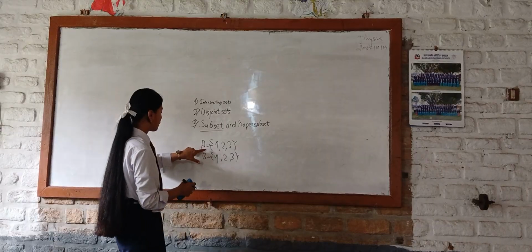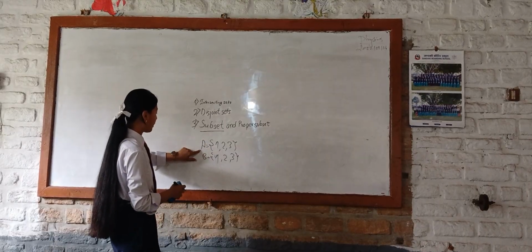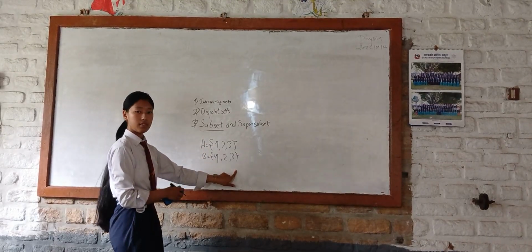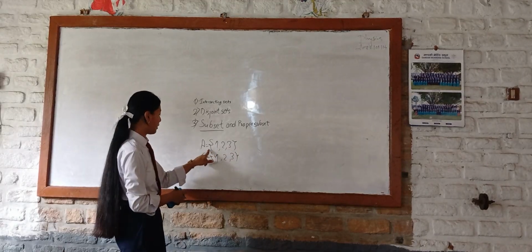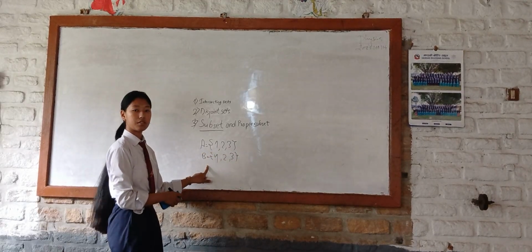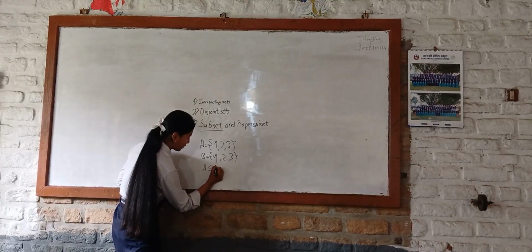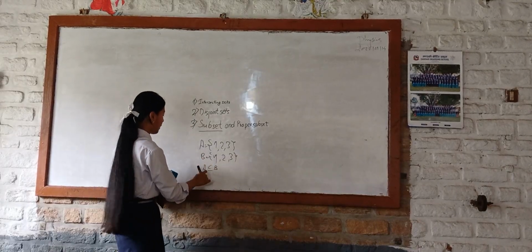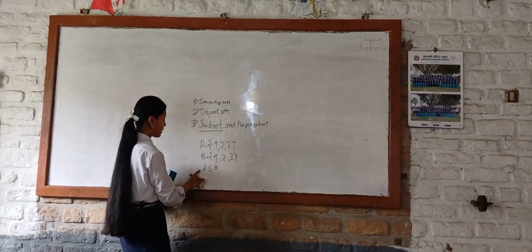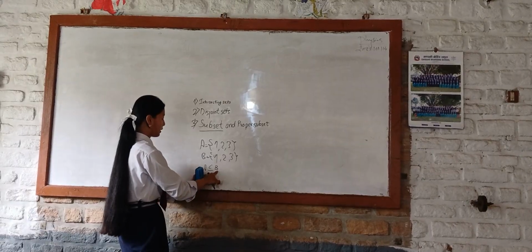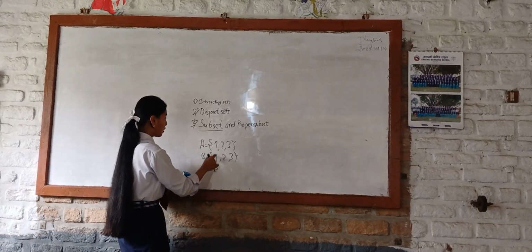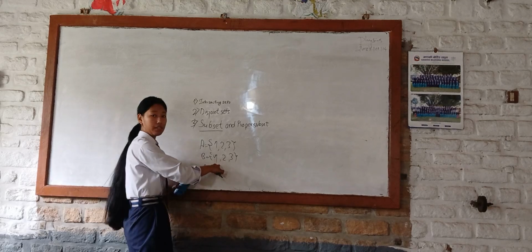Here both the set A elements are also in set B: 1, 2, 3 in A, 1, 2, 3 in B. So we can say A is a subset of set B, because all the set A elements are in set B.